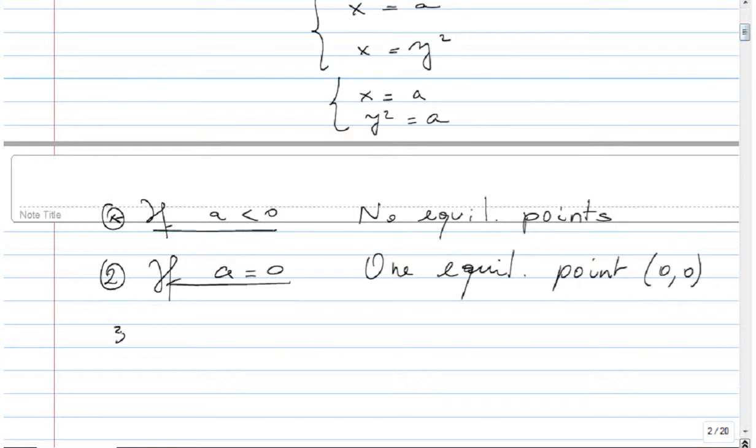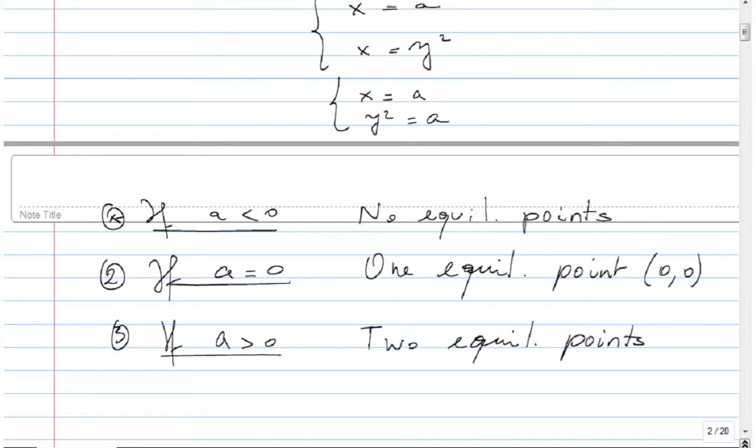Next, if a is positive, we have two equilibrium points, (a, square root of a) and (a, minus square root of a). This tells us the existence of equilibrium points vis-a-vis the parameter a.